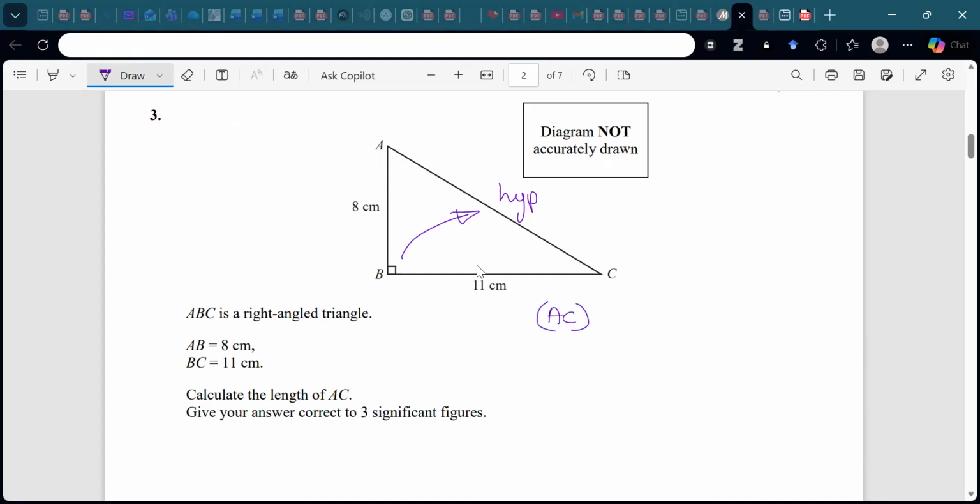So AC, which is our hypotenuse, is going to be equal to 8 squared plus 11 squared. So that's going to be 64 plus 121. All right. So this is going to give us 185.